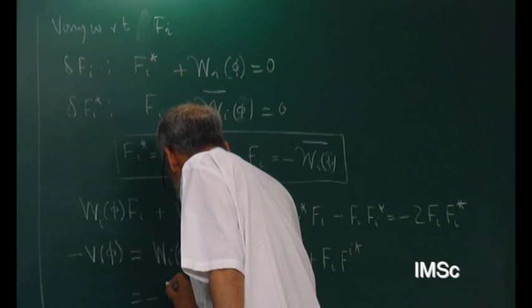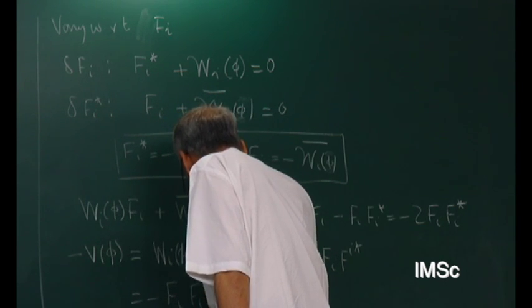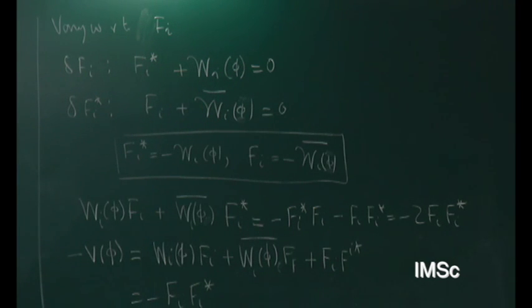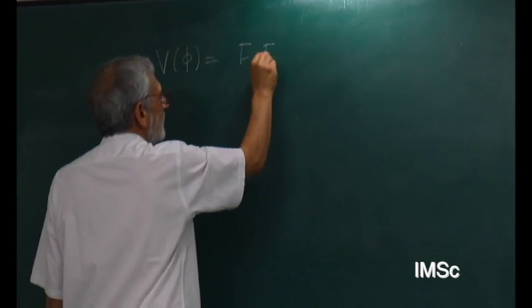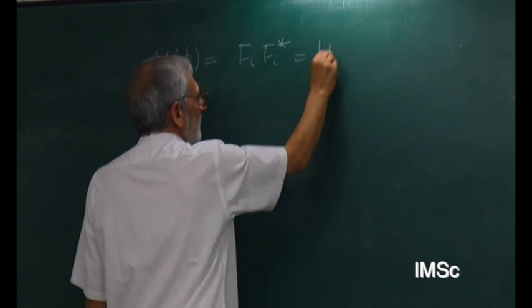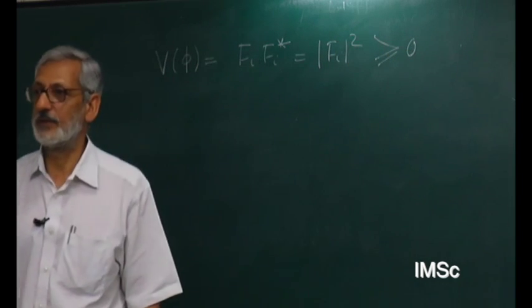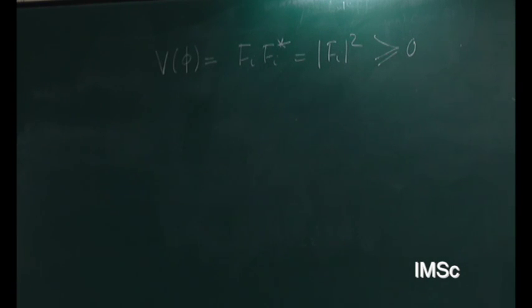So that is, so V of phi is F_i star F_i, mod square, always positive, non-negative, positive or 0.